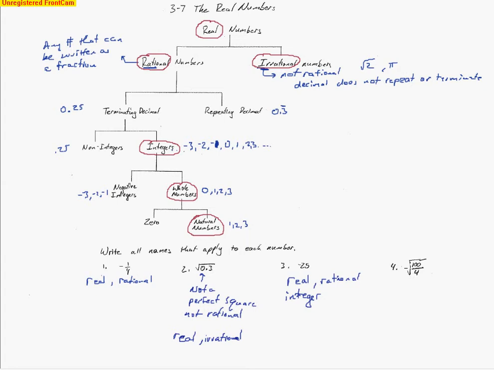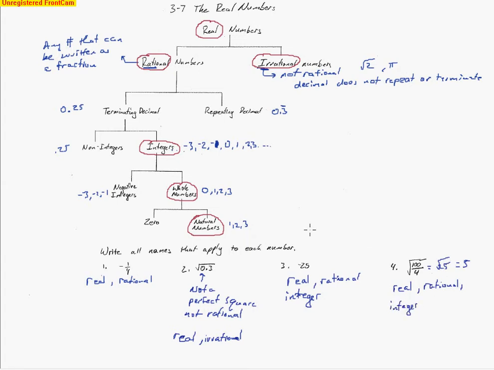Well, this next one, the square root of 400 over 4, what I want to do first is simplify it. So I see that if I went ahead and divided that, I'd get 25. Well, the square root of 25 is 5, so we've got to list all the different types of values that make 5. So the first thing I see is it's real, it's rational, but we also have that it's an integer.